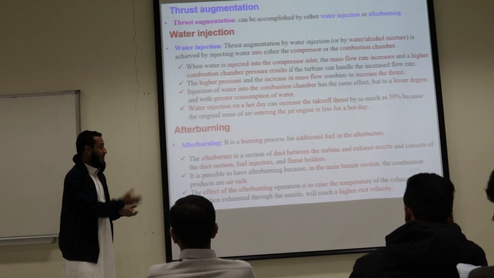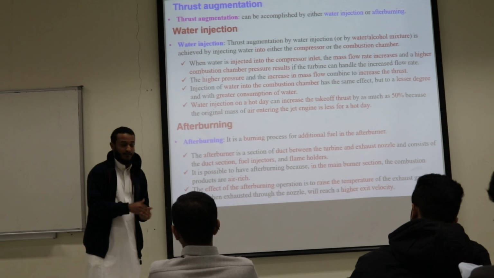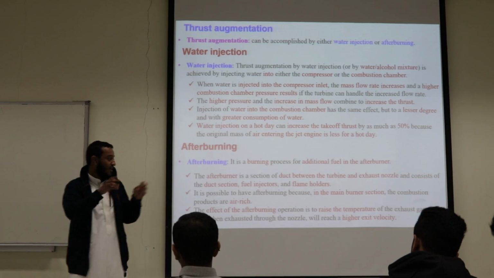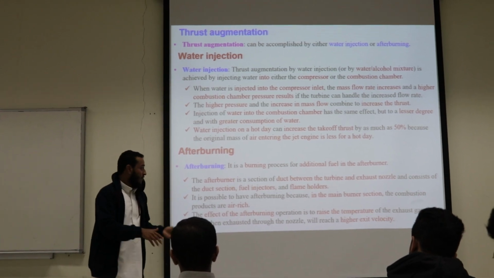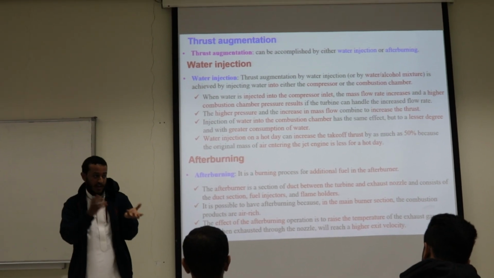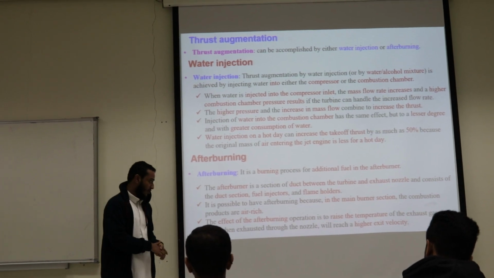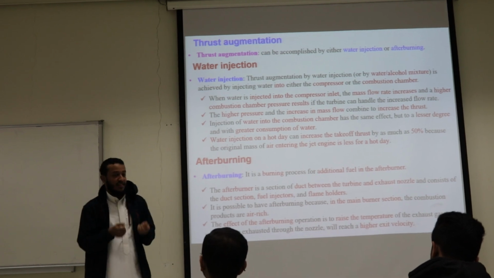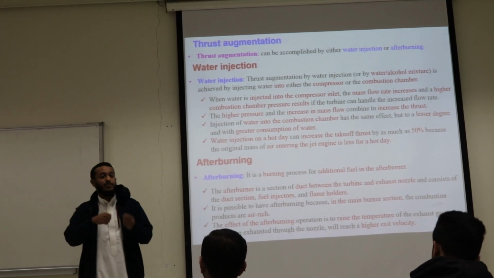And for the jet engine, there is also a bypass ratio, so there is also a mixture of air and the bypass. It can all be mixed in the area between the combustion chamber and the nozzle, and can be injected with fuel and then ignited. So we can generate more thrust.